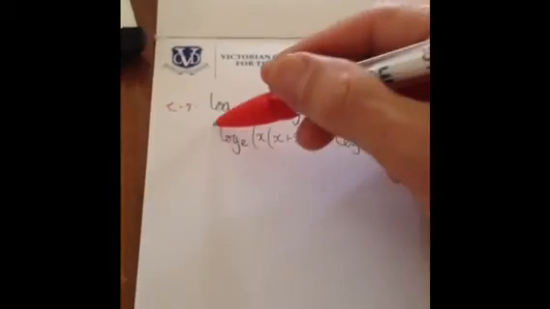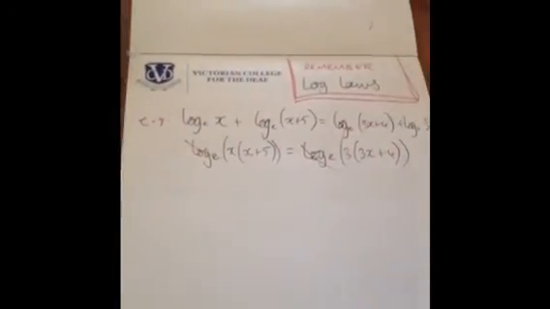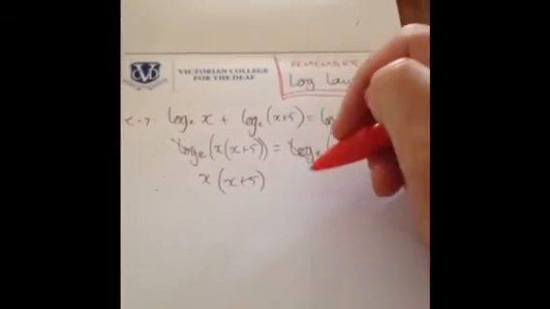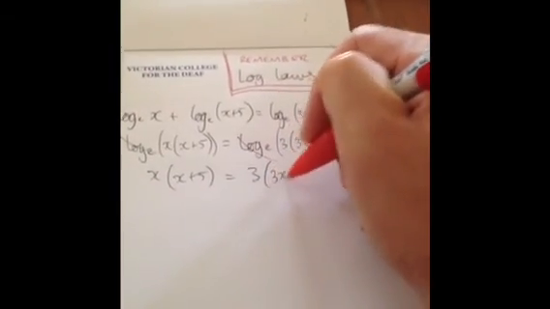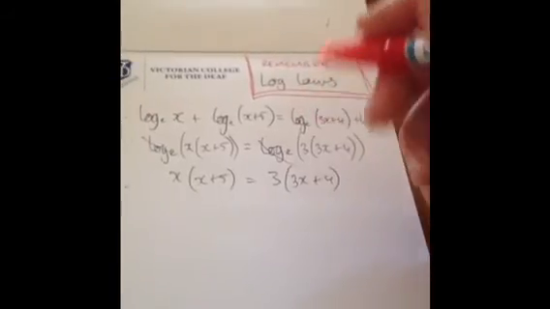Now, because we've got log e on both sides, or natural log on both sides, we just pretend they're not there, and we end up with x times x plus 5 equals 3 times 3x plus 4. So now we can expand the brackets, and then we'll be able to solve it as a quadratic.